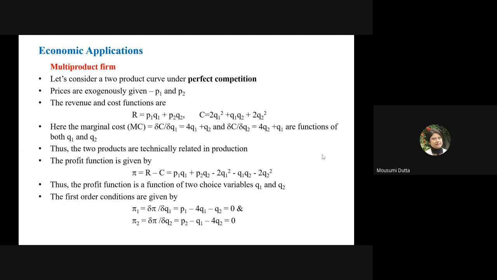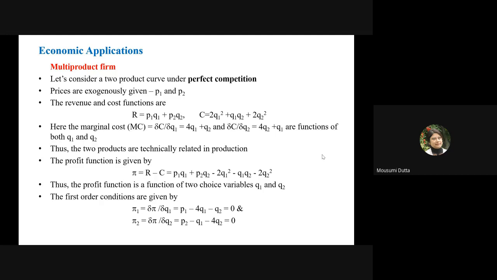And when the marginal costs of the two products are equalized, the firm will stop shifting the resources. However, those things I'll introduce in the context of the multi-plant firm. Here I am not bringing those issues. Here the problem is simple: we are finding that marginal costs are related to both the commodities.